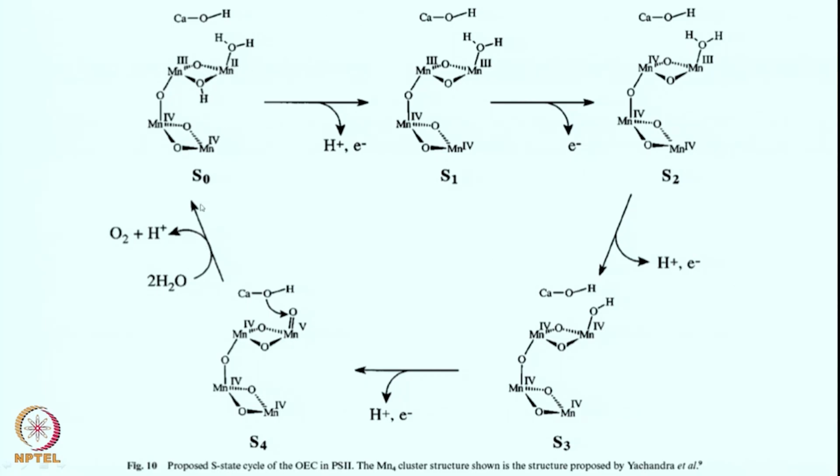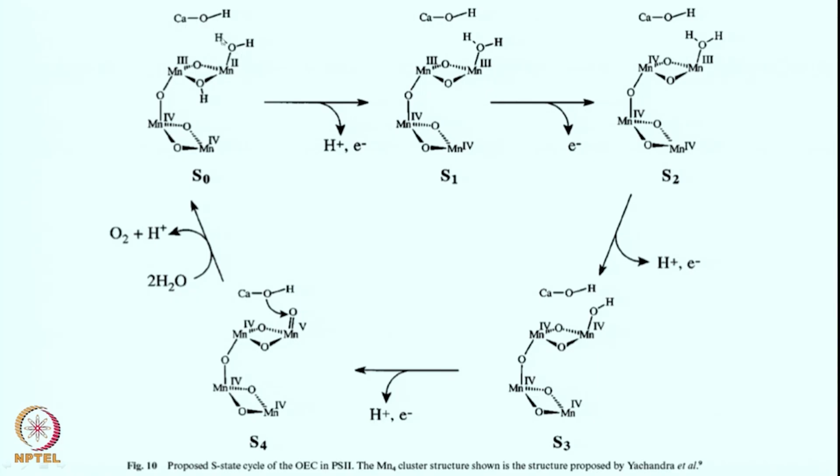To start with, it is proposed by Yachandra et al., along with experimental evidences, that it is S0 where we have a manganese 2 and manganese 3 center, and this is the aqua molecule that we are talking about, and this is another water molecule or aqua molecule which is with calcium.